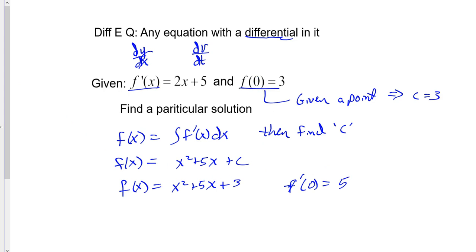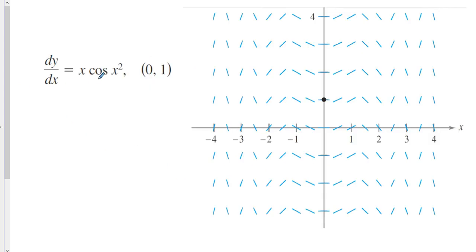So differential equations a lot of times are in the context where they also give us a slope field. Remember what a slope field is. These are little unit vectors which tell us about the slope that this family of curves has for any particular x value.